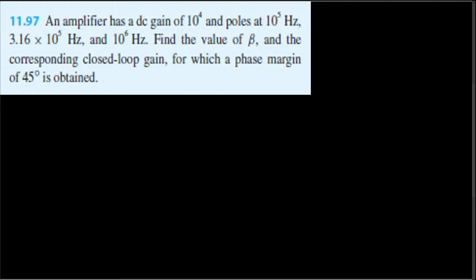First of all, if you want to find beta, we have to know one relation: the loop gain, A(jf) times beta, should be equal to 1.